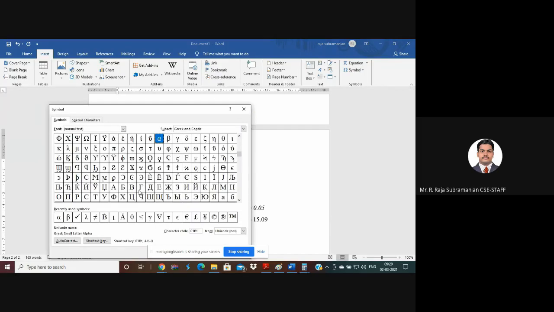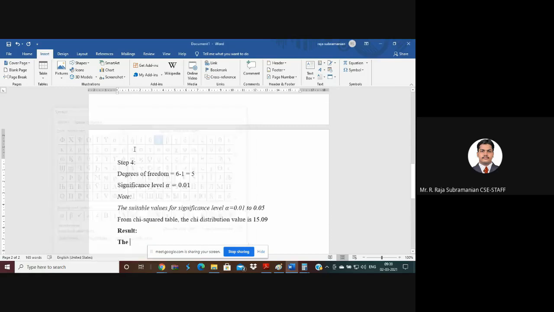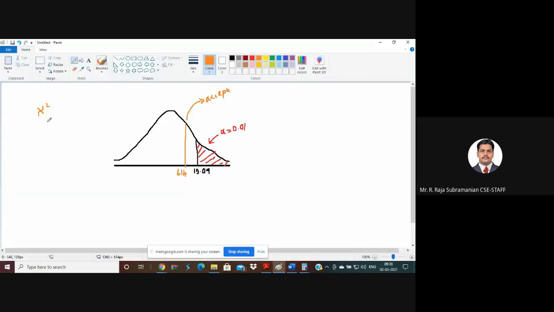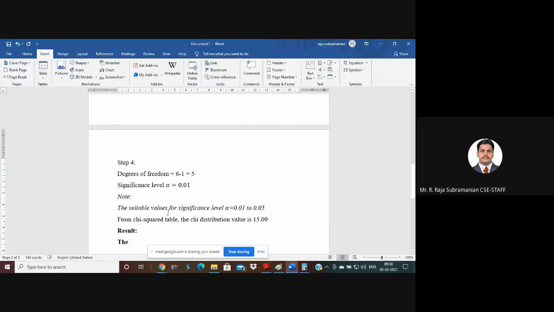It will be present here, but we have to search where it is. I don't want to waste time searching for it. But this is chi-squared. The symbol for chi-squared is just put a cross, and then this is chi-squared. Chi-squared test.